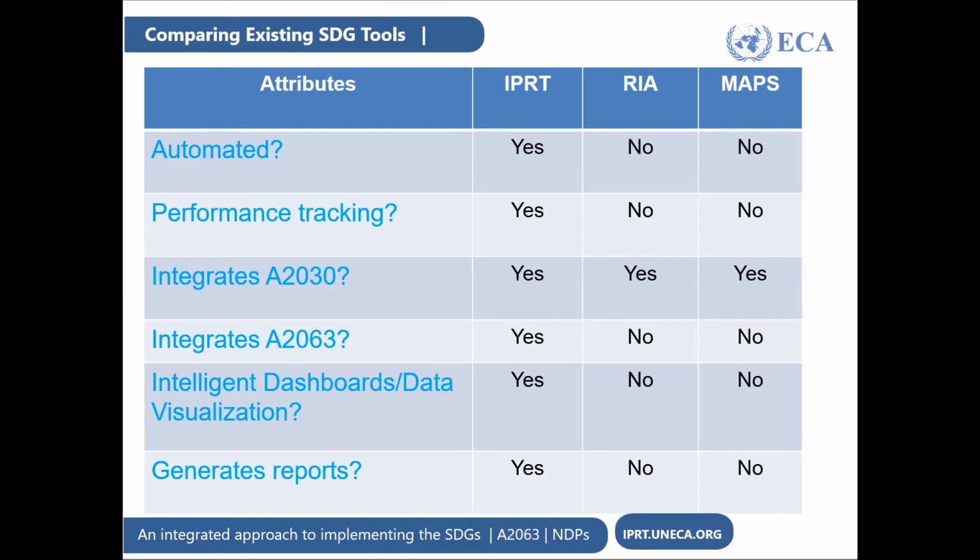Generates reports, it's only the IPRT that automatically generates reports regarding the degree of alignment, the quality of alignment by sector, by dimension, also the reasons for non-alignment. So the IPRT has many attributes compared to other development planning tools.